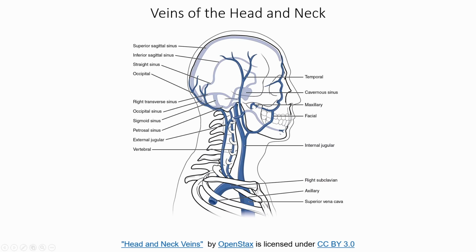This is going to lead to all those different, remember those sinuses. But we have the occipital, right? We have the facial, the maxillary, right? The temporal, right? So branching off into those to service those parts of the head. We do have the various sinuses. Again, those are just slightly more open spaces.